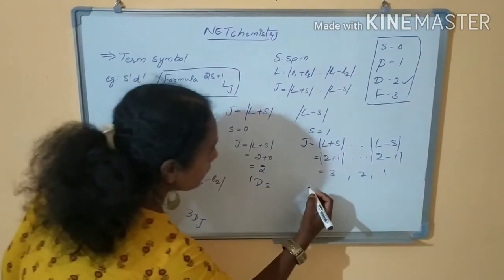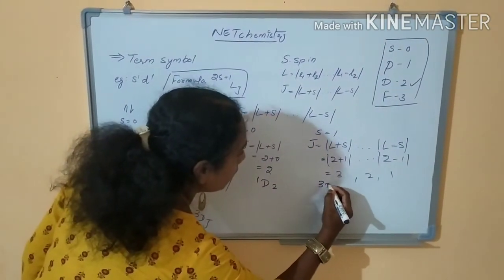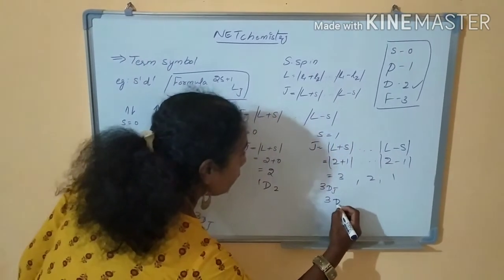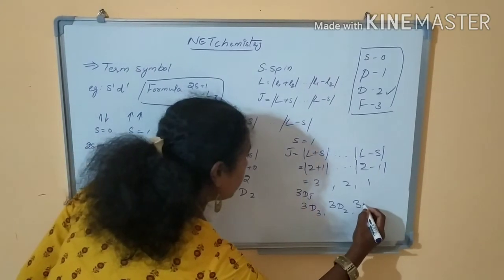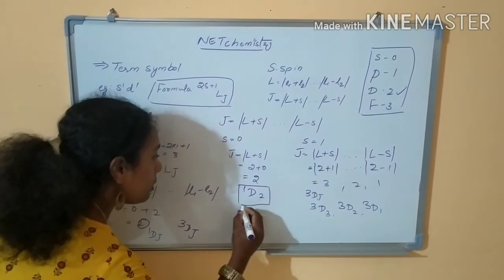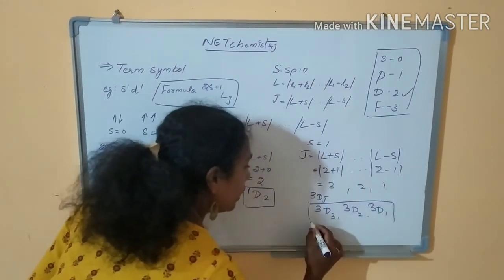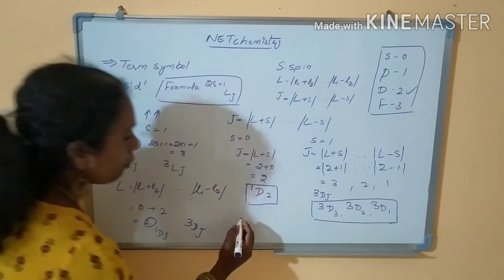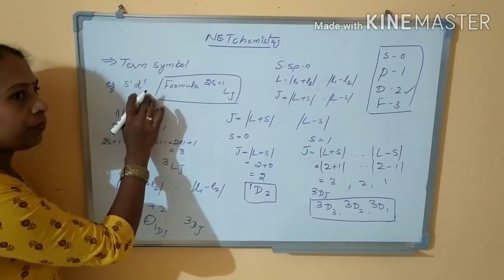For the triplet state we had the term symbol 3DJ, and now we get the J values: 3D3, 3D2 and 3D1. Clear? So 1D2 is the term symbol for the singlet state, and 3D3, 3D2 and 3D1 for the triplet state. In total we have got 4 term symbols for S1 D1. Okay, clear?